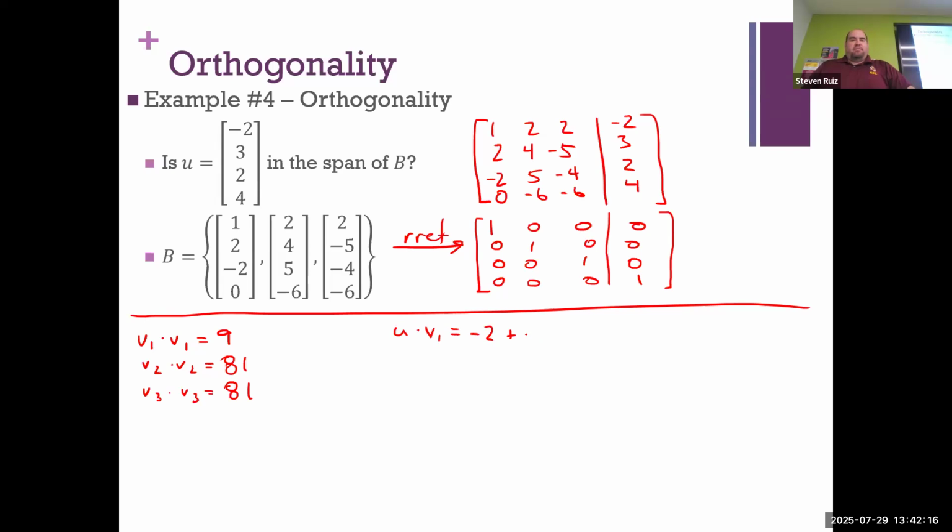-2 plus 6 minus 4 plus 0. Is that right? Or did I just want that to happen? Yeah. And then U dot V2: -4 plus 12 plus 10 minus 24, minus 6.